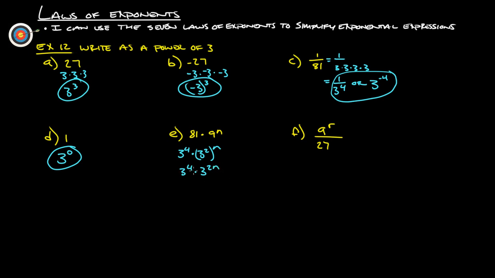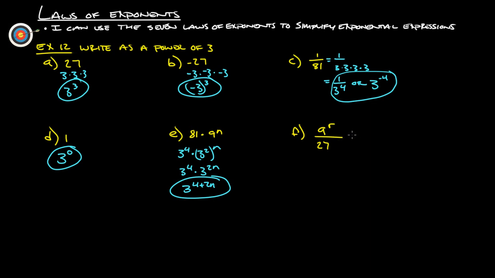When we have a base raised to a power times the same base raised to a power, we're going to add those exponents. So it's going to be 3 to the 4 plus 2n power. There's other ways to write that, but that's probably the best way there.